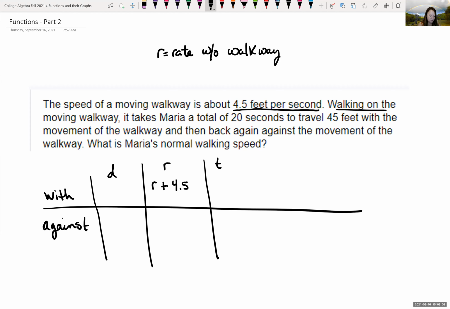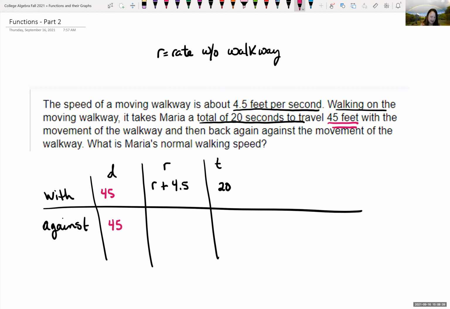And walking on the moving walkway, it takes Maria a total of 20 seconds with it to travel 45 feet with the movement of the walkway and then back again against the movement of the walkway. So this is where there was some question, is this together? And we're thinking this is 45 feet there and then 45 feet back.